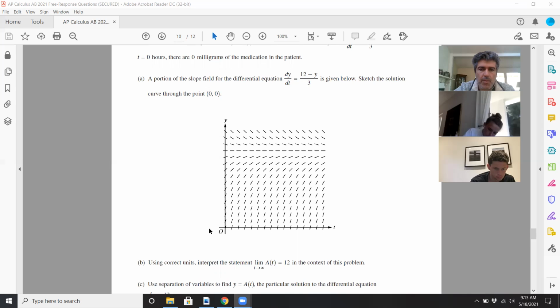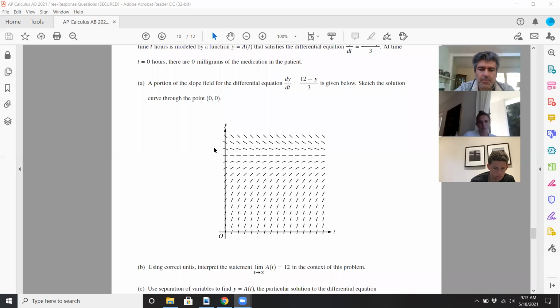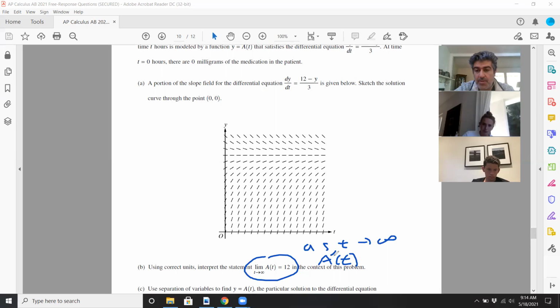So we don't know what A of t is exactly, but what you'd want to say is that as t approaches infinity, A of t, or A prime of t, actually, you want to say that, approaches 0. Because, well, actually, A prime.